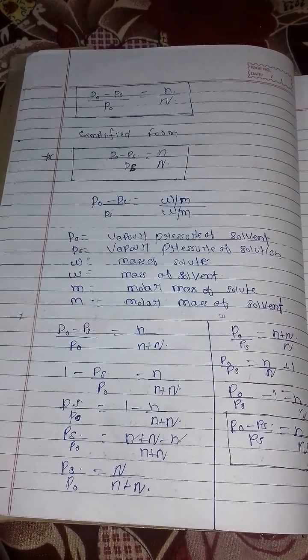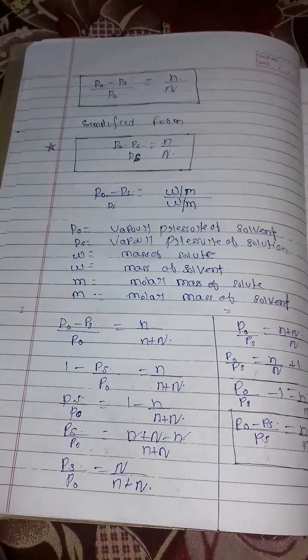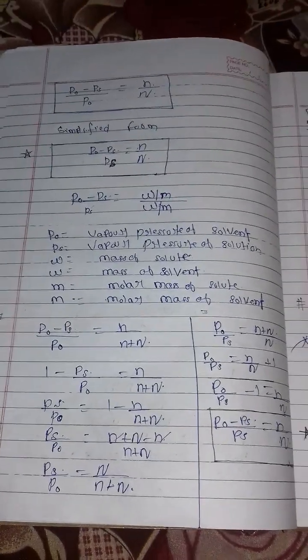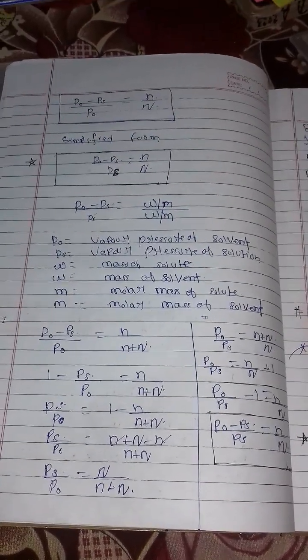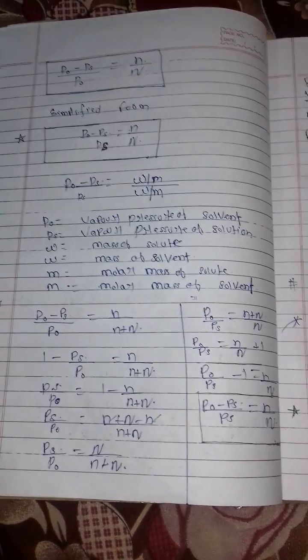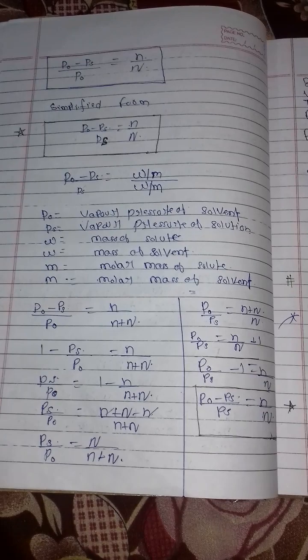P naught minus Ps upon P naught is equal to n upon N in simplified form, where P naught is the vapor pressure of the solvent and Ps is the vapor pressure of the solution, small w is the mass of solute, capital W is the mass of solvent, small m is the molar mass of the solute, and capital M is the molar mass of the solvent.